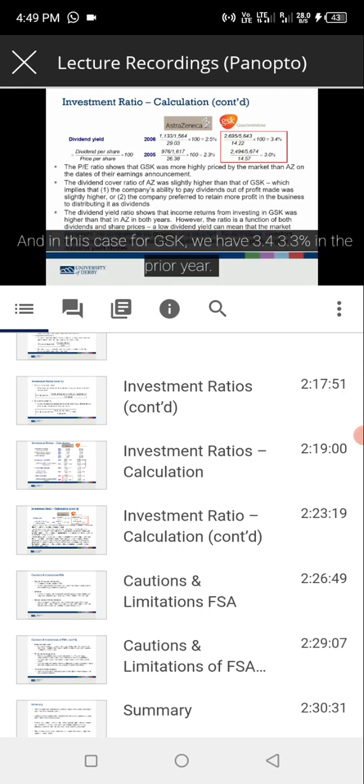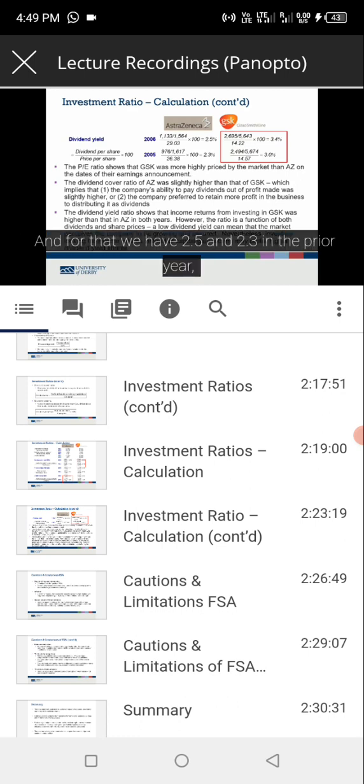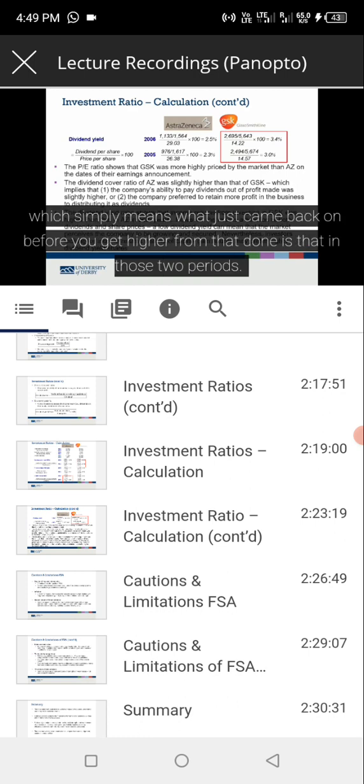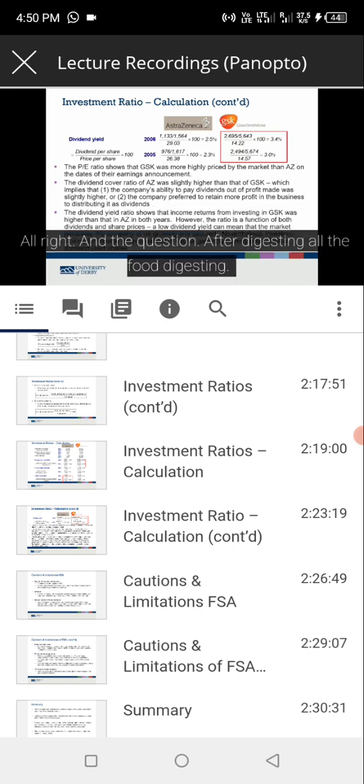And in this case, for GSK, we have 3.4, 3.3% in the prior year, and for AZ, we have 2.5 and 2.3 in the prior year. Which simply means what? GSK performed better, yielded higher return than AZ in those 2 periods. All right? Any question?